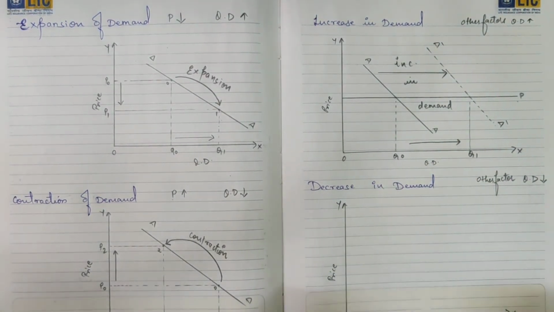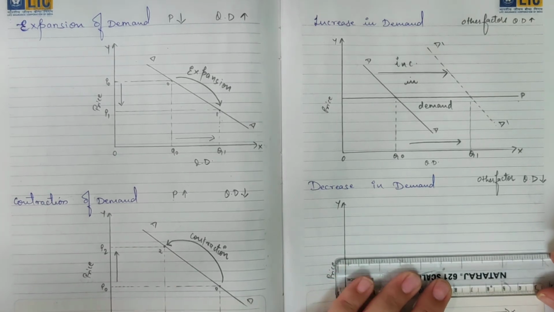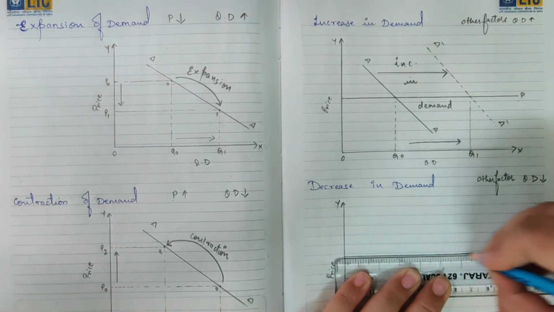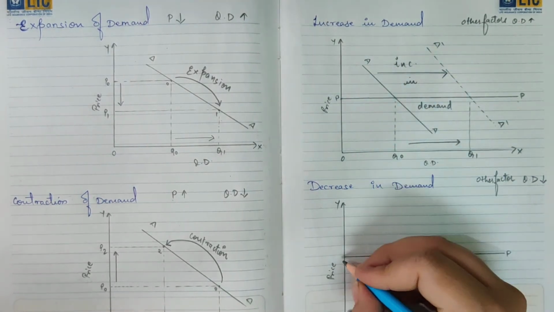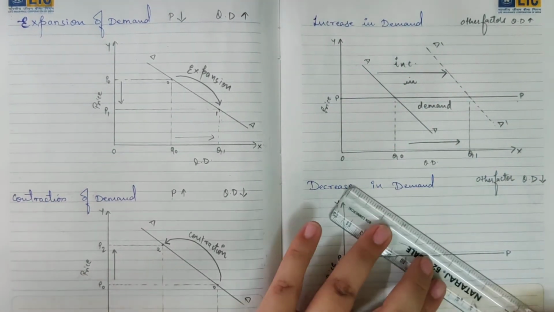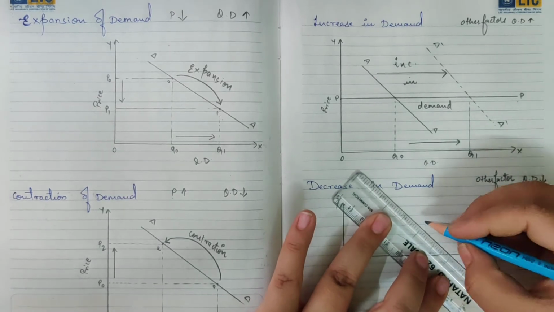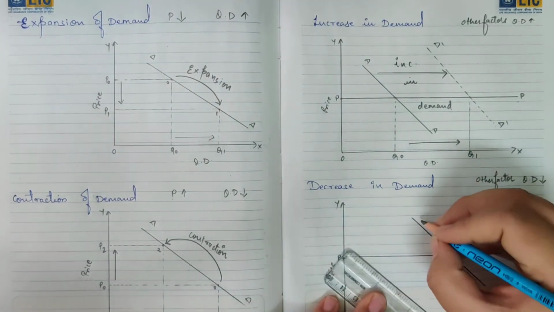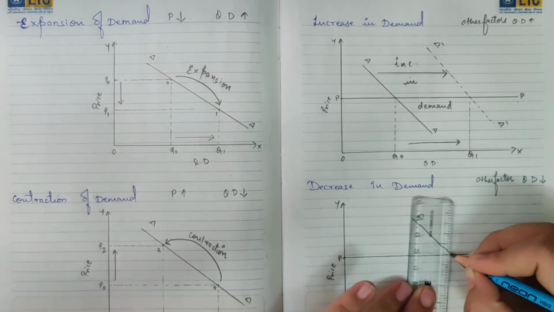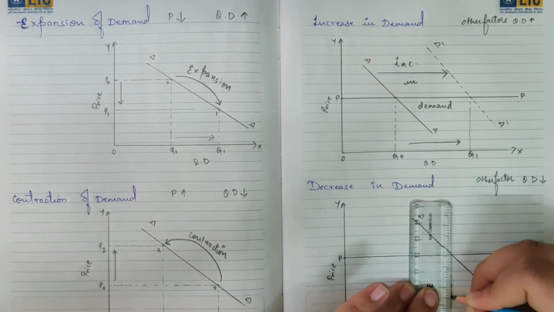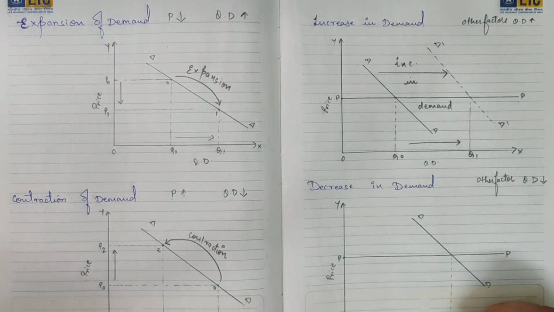Don't forget to label the diagram first. Once you have labeled, move to the next step. Price is constant, so I'm giving it name P. Now the demand for the commodity was D. At this demand, quantity demanded was Q naught.